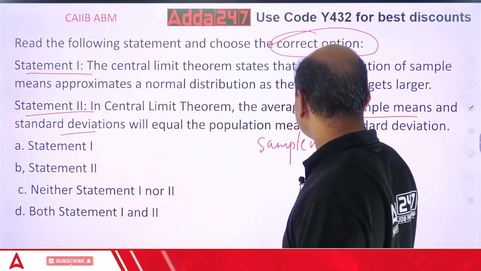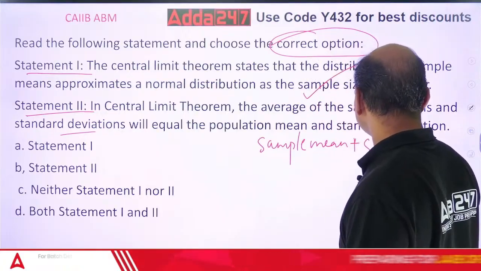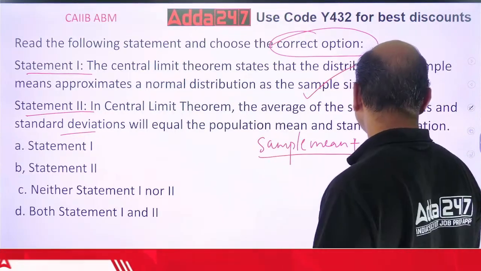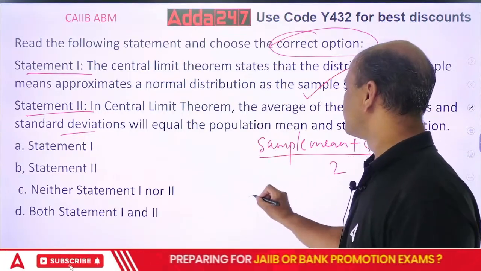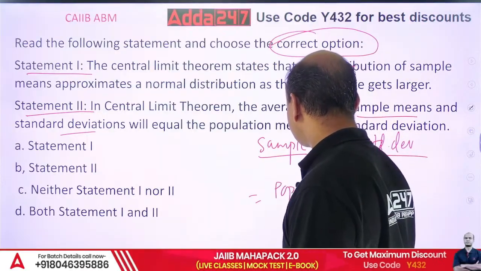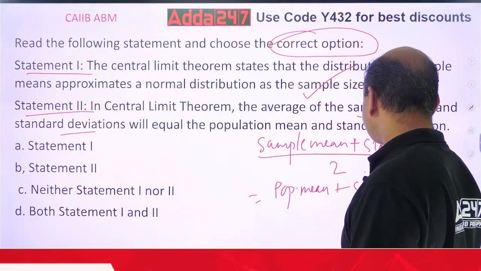Sample mean plus standard deviation, upon 2, is equal to the population mean plus standard deviation, right? For the population.